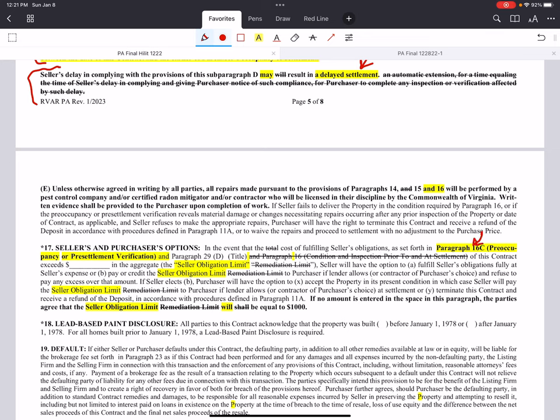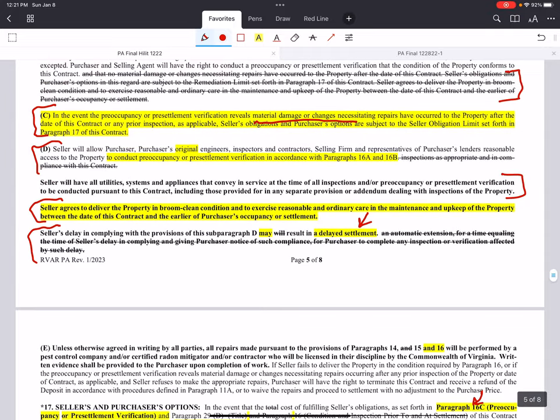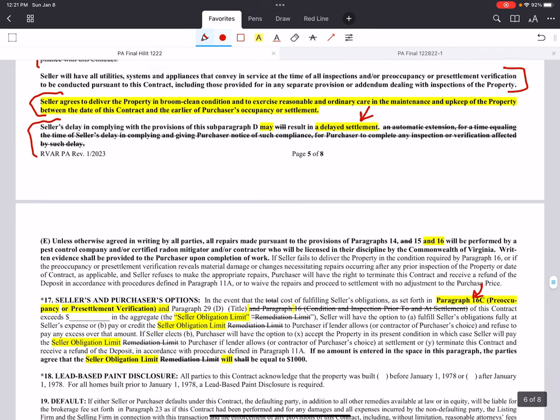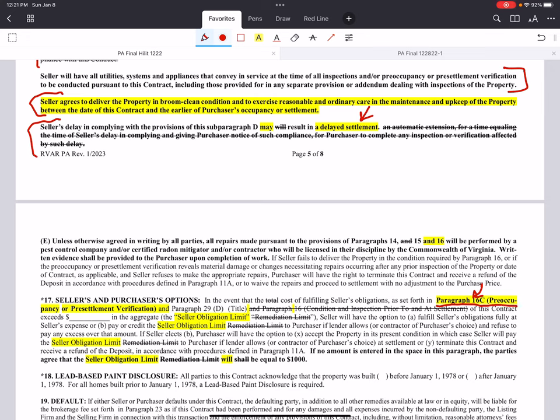So what we felt like, to make this perfectly clear, we would refer to a specific paragraph. And remember, paragraph 16C has to do with any changes or material damage that necessitates repairs on the pre-settlement verification. So paragraph 17 only has to do with paragraph 16C and paragraph 29D, which is title.